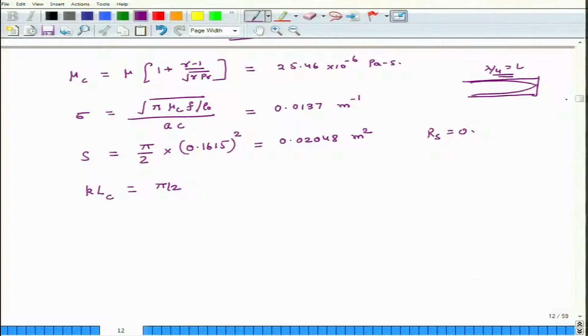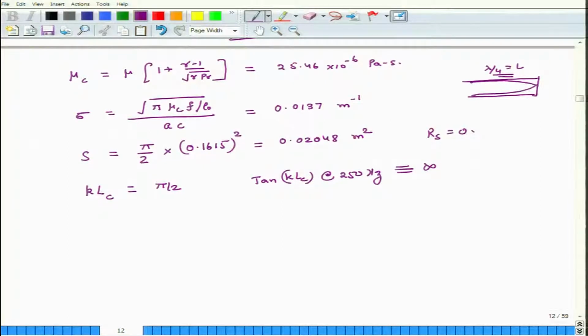So, you can again do the calculation and you will find that KLC is actually pi over 2, which means that tangent of KLC at 250 hertz is very large, it corresponds to infinity.